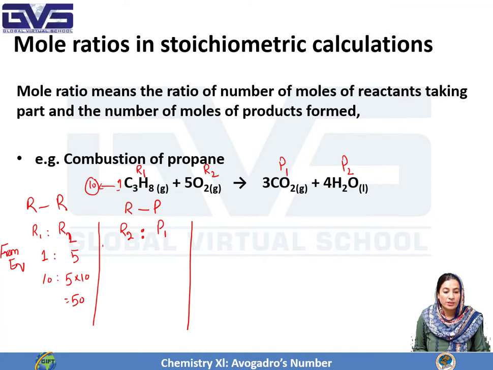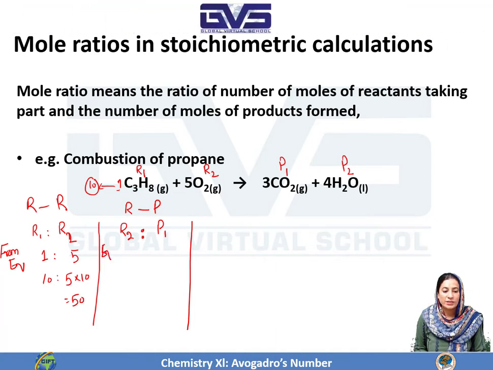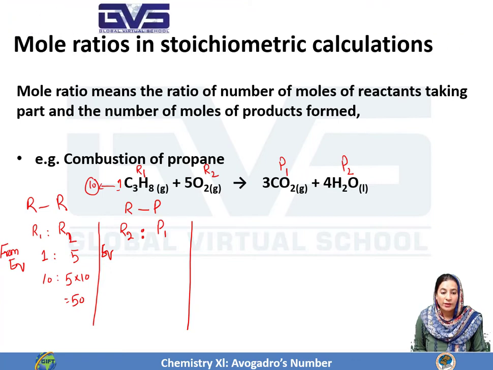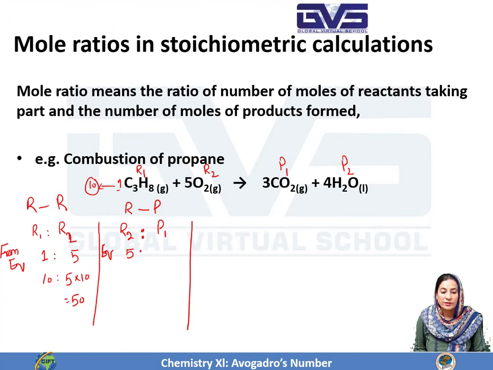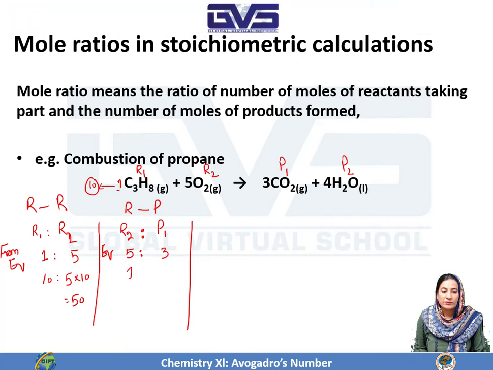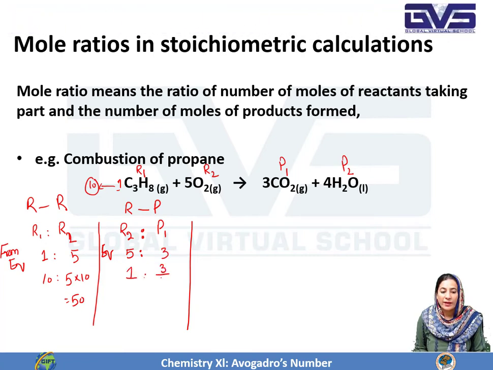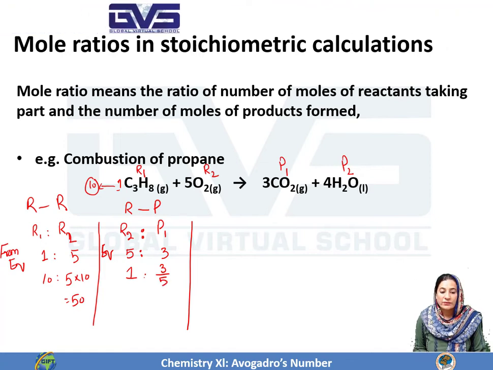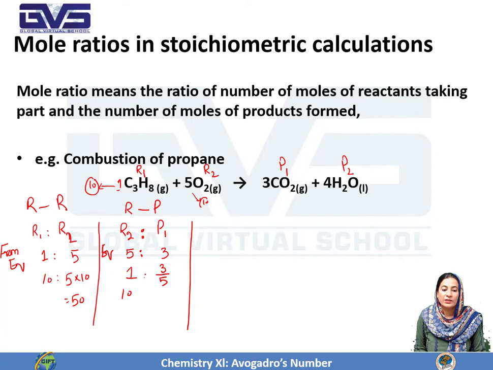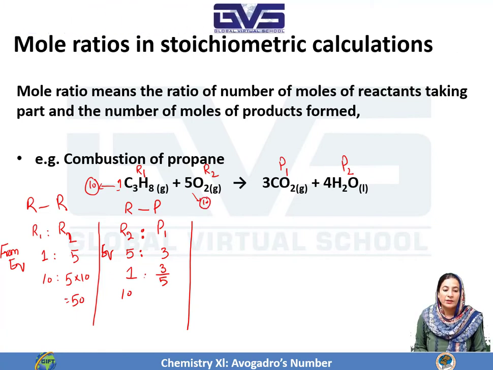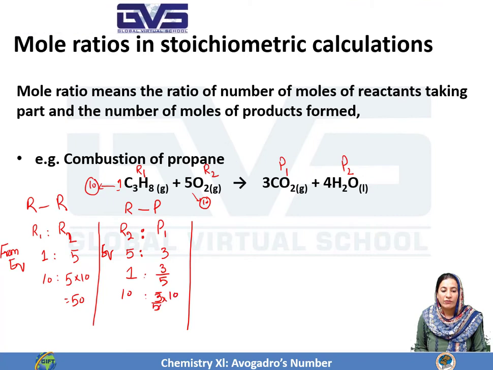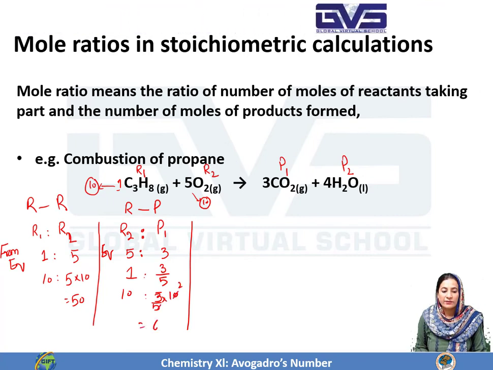First from the equation, the balanced chemical equation is telling you when reactant 2 is 5 moles, at that time product P1 is 3. When this is 1, it will be 3 by 5. When this is 10, again I am changing this to 10 instead of 5, so 3 by 5 into 10, 5 twos, and the answer will be 6.